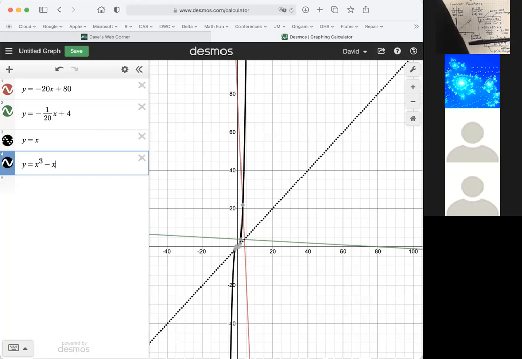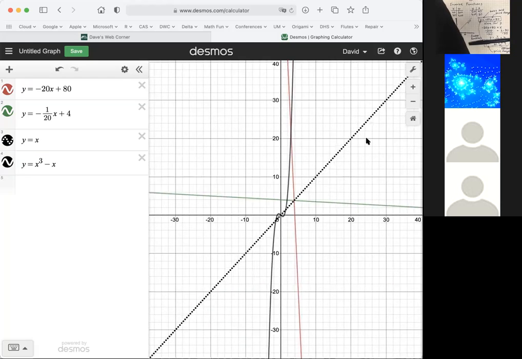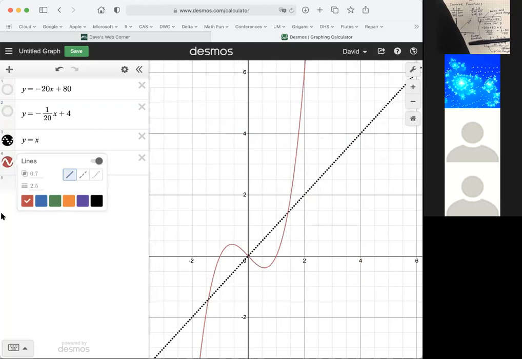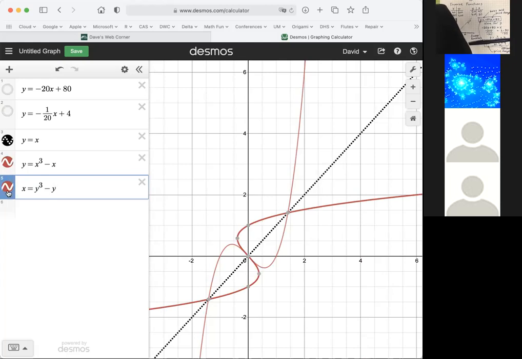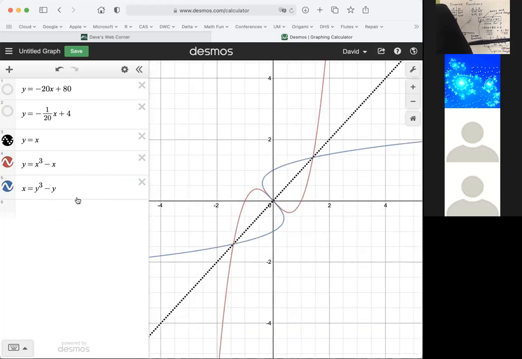Let me show you this picture. Zoom way in here. I'll get rid of the clutter. Let's get rid of the red, the green. Let's make this red, and then let's graph x equals y cubed minus y. Let's make this one another color, blue. Look at those two graphs: y equals x cubed minus x, and x equals y cubed minus y.